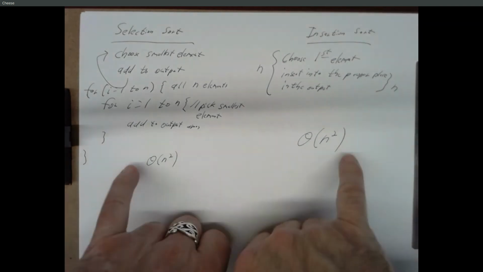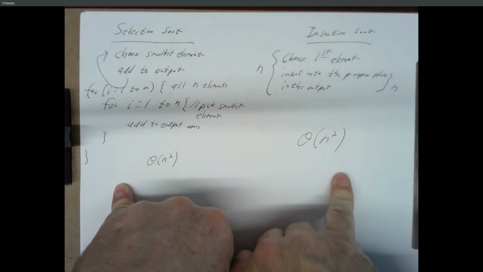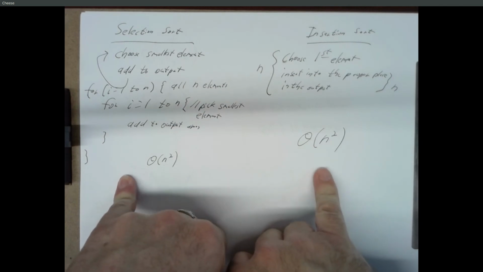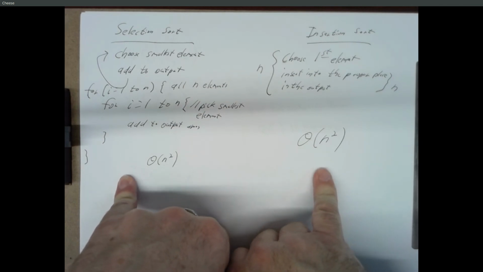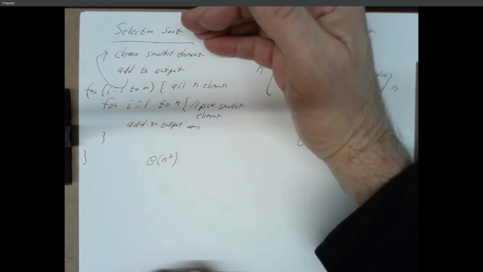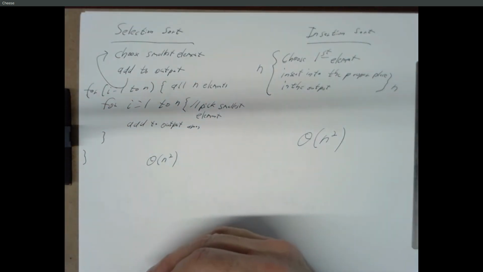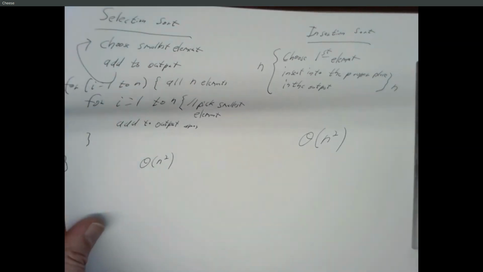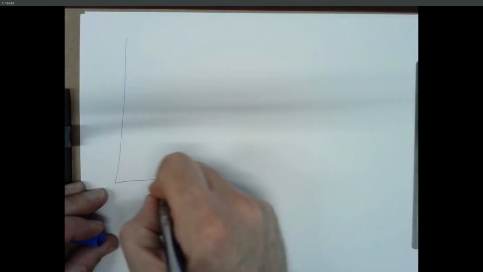All right, so you can code these up, right? There's not a whole lot of mystery to how you code these. Selection sort, so presumably we're starting with our data in an array, and we have something that indicates how much data we have, something that says how many elements we have in the array. So let's make some numbers.